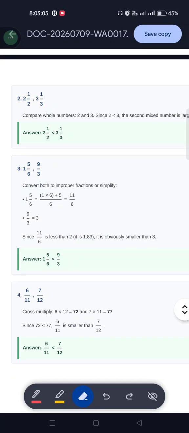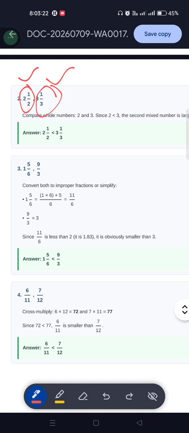In the next question you can see we are given two mixed fractions, which are 2 into 1 by 2 and the second is 3 into 1 by 3.